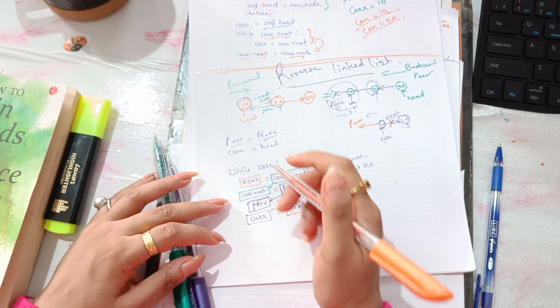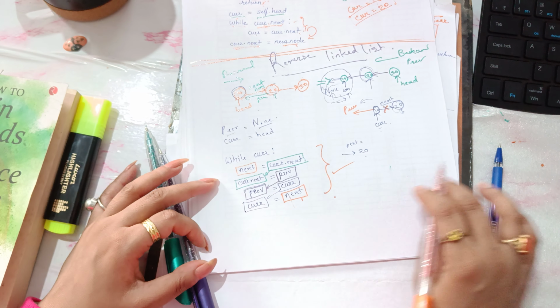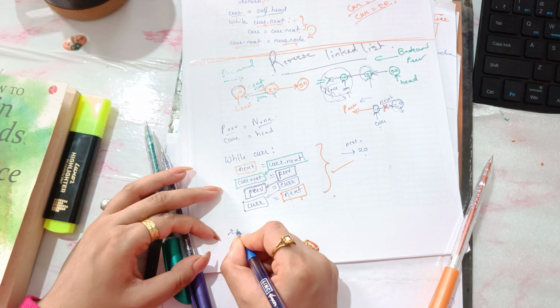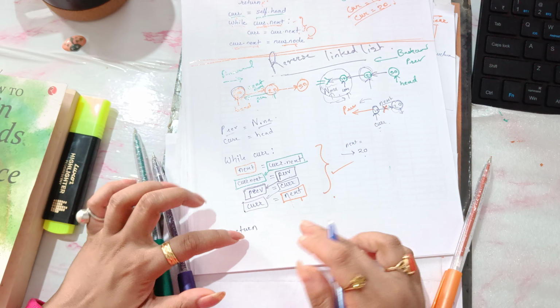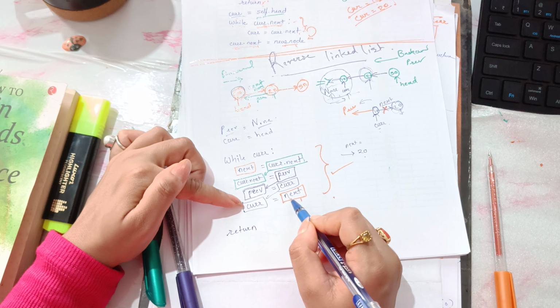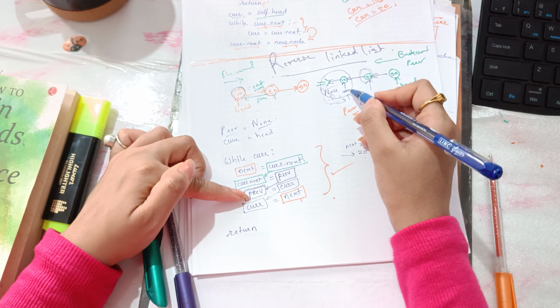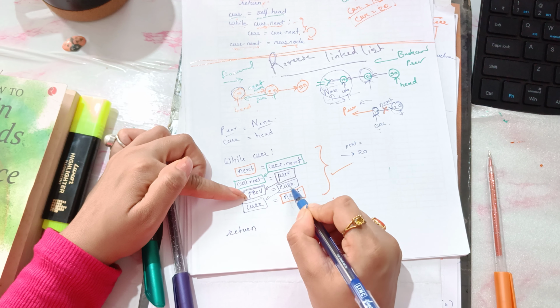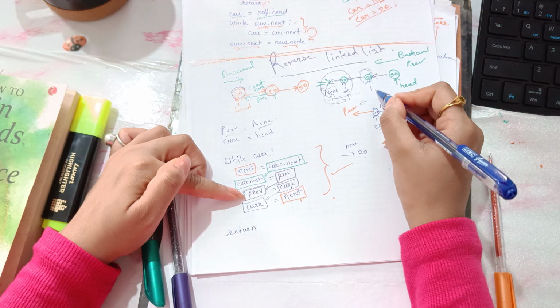This is a normal code, and what will you return at the end? At the end your previous pointer, because at the end current will be assigned to the previous pointer.